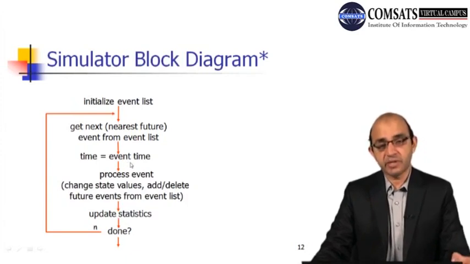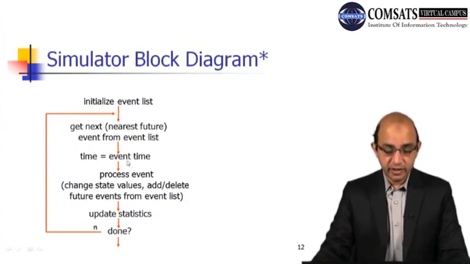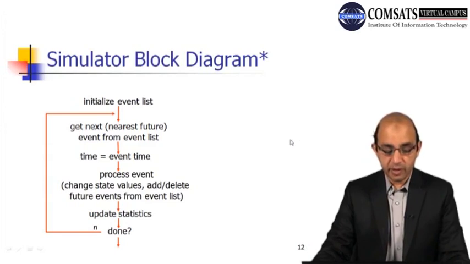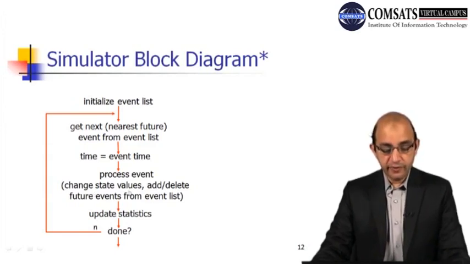Here we are time stamping each event, and after time stamping we will be processing the event, and again we can time stamp. The difference between the stamps here and here, the time stamp after the process, lets us calculate the service time in between. Change state values, add or delete future events from the event list, and then we update statistics.